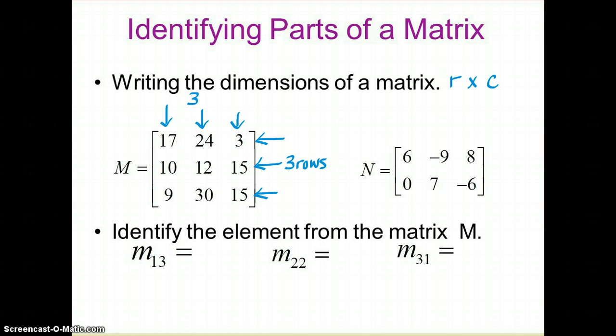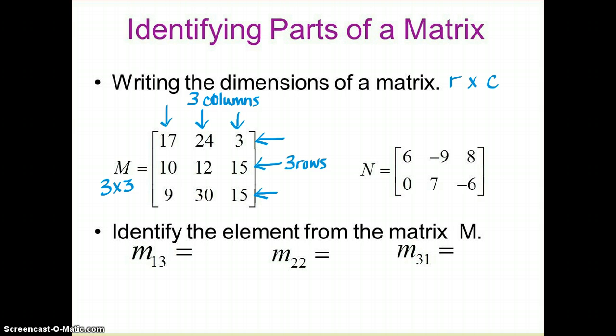So this one happens to have 3 columns. So if I'm going to state the dimensions of matrix M, I would say that matrix M is a 3 by 3 matrix. Now, that would be one matrix that if you had to identify the rows and columns and you switch them, you would be perfectly fine.